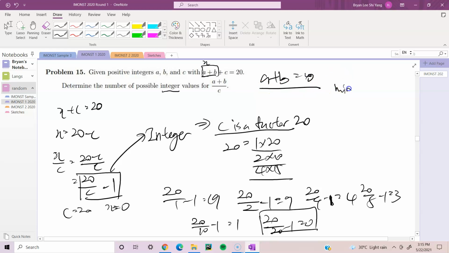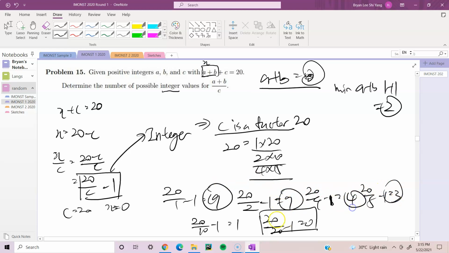The minimum for a plus b would be 1 plus 1, which is 2. So this is smaller than 2, so this is not possible. In fact, there are only 1, 2, 3, 4, 5 legitimate values for (a plus b) over c. So if we want positive integers and possible integer values as the condition, the answer to problem 15 would be 5, okay?